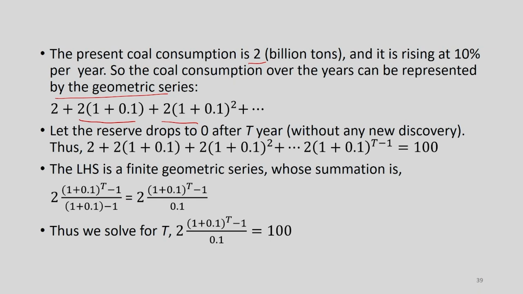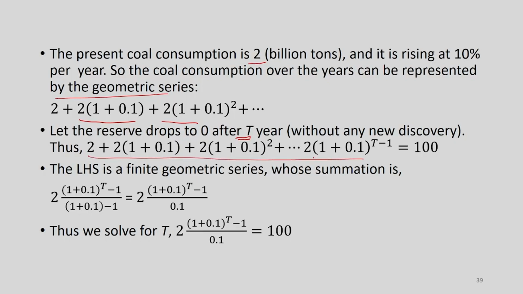Now, let us suppose that the reserve drops to 0 after t years. T is some constant. Suppose t is the number of years after which the reserve actually becomes 0, and we are assuming that there is no new discovery of coal reserve. Okay. In that case, what will happen after t years? How much is the total consumption? Total consumption is given by this, right.